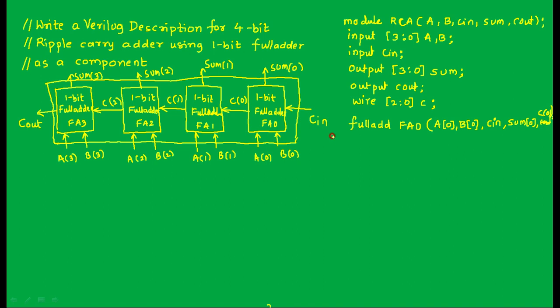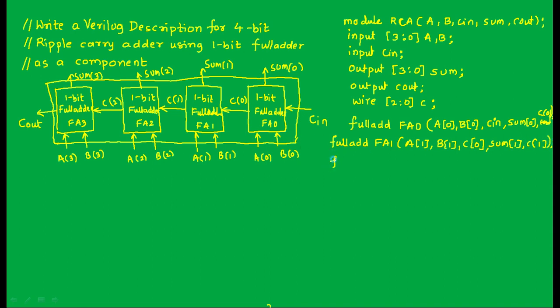Similarly, for the next component, full add, the instance name is FA1, actual signals are A1, B1, C of 0 as inputs, and outputs are sum 1 and C1.